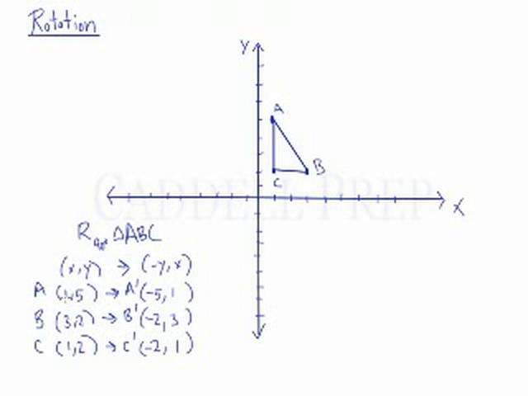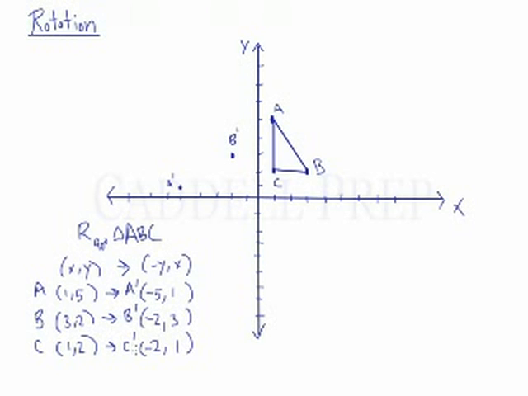So what happened is the x coordinate for A became the y coordinate of A prime, and the y coordinate became the x coordinate after we negated it. So A prime is going to be at (negative 5, 1). B prime is at (negative 2, 3).